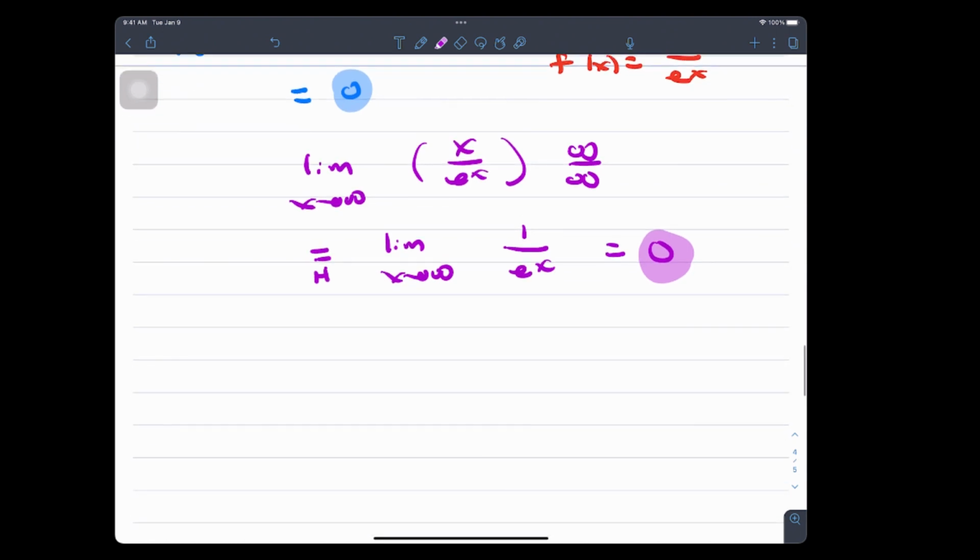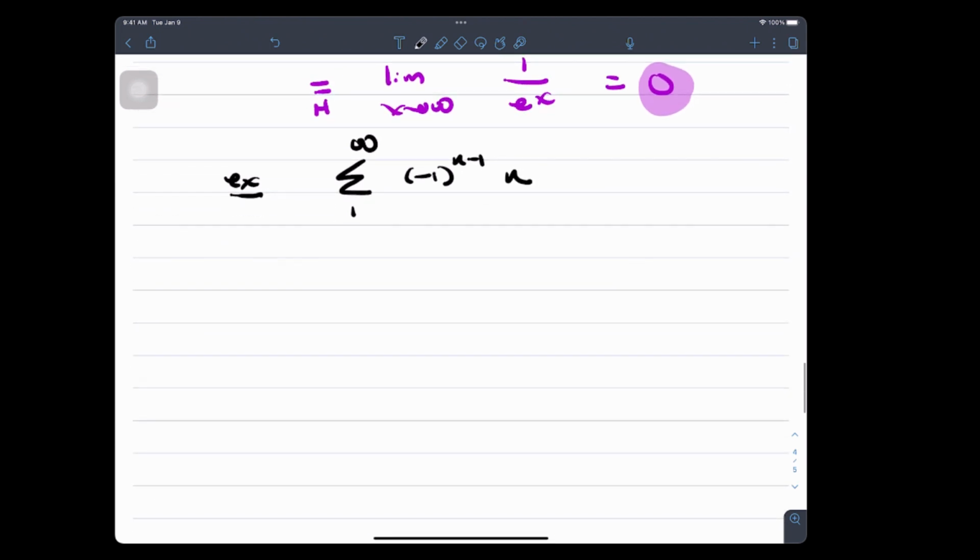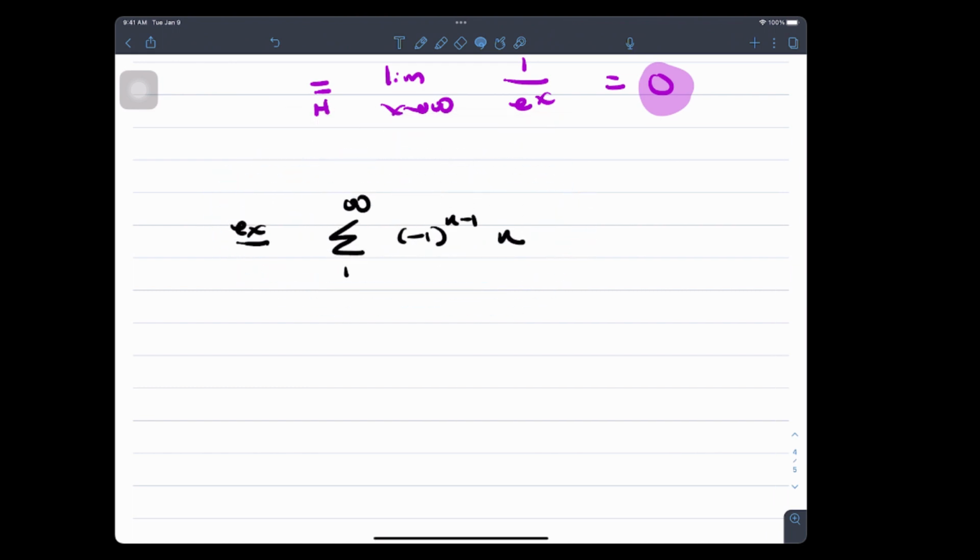And I want you guys to take a look at this example. It kind of seems like a silly example, right? What if I give you something like this? Just to throw that out there.